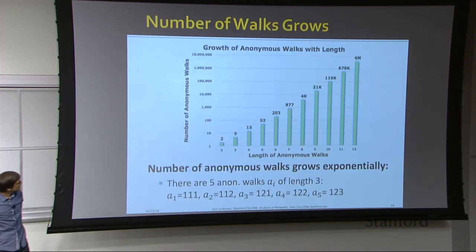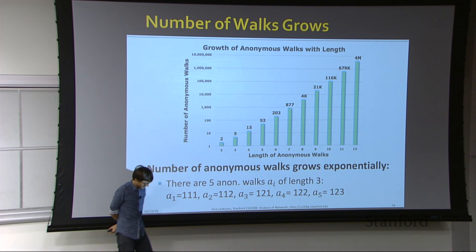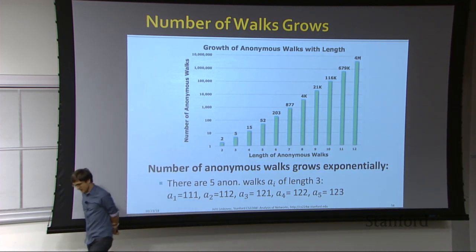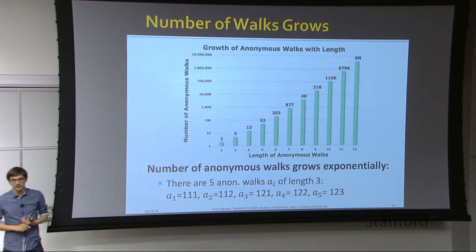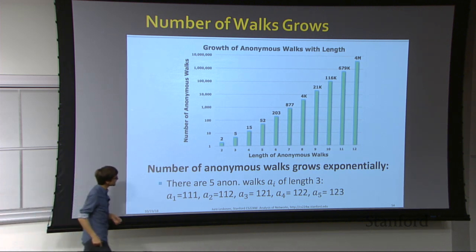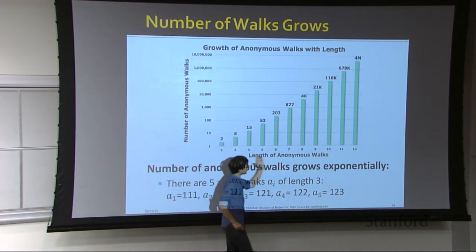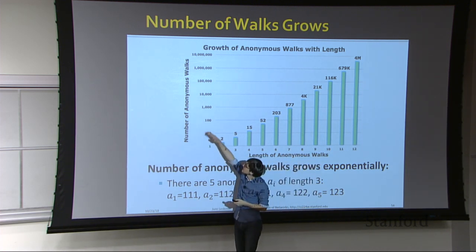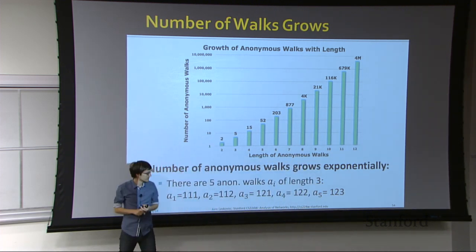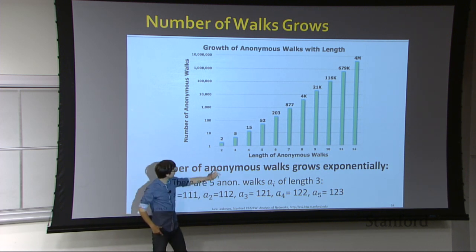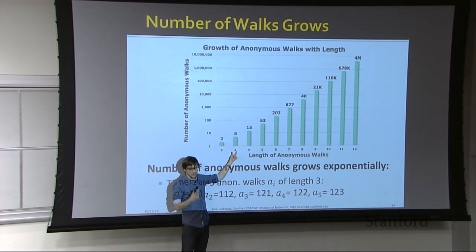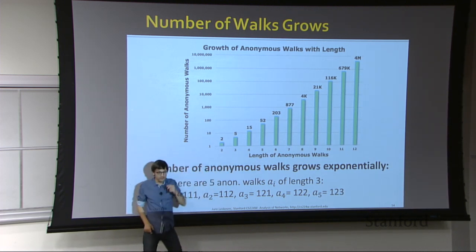So the number of anonymous walks increases exponentially with the walk length. Here is the graph I took from the ICML paper. This is the length of the anonymous walk versus the number of different anonymous walks. For example, the number of anonymous walks of length 3 equals 5.